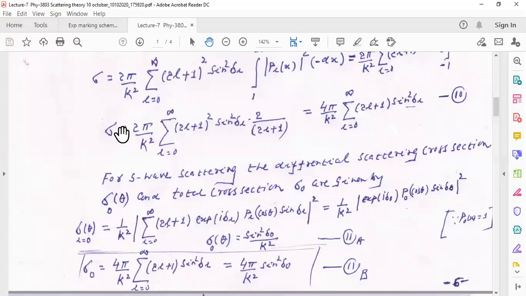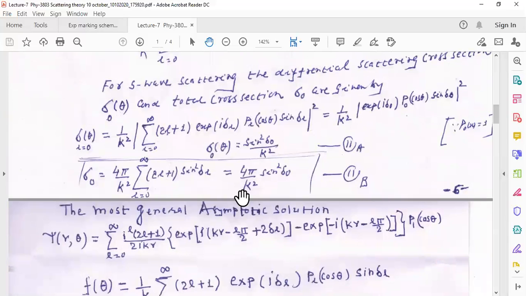Because your total scattering cross section is also because of the contribution of the various partial waves. But now you put L equal to 0, so this becomes 1 here. So this is simply 4 pi over k square sine square delta 0.